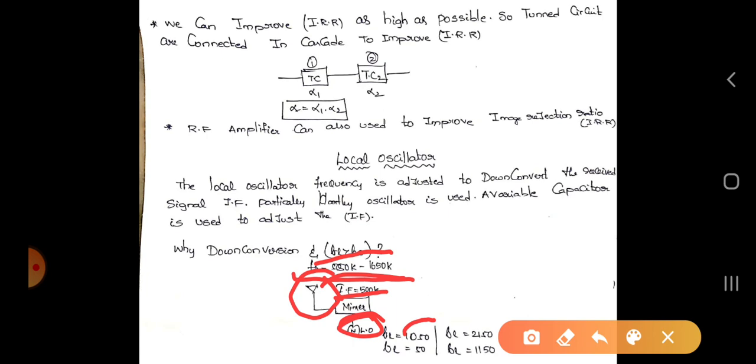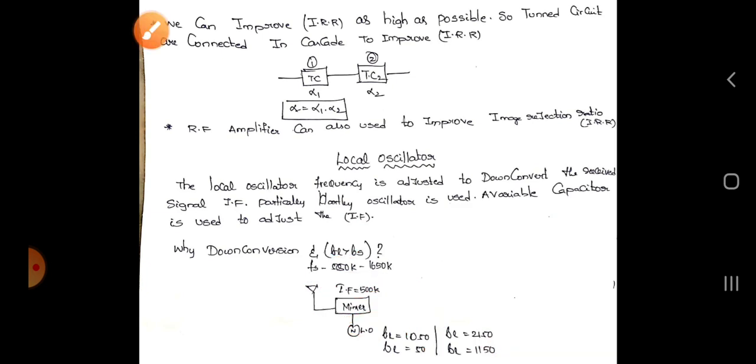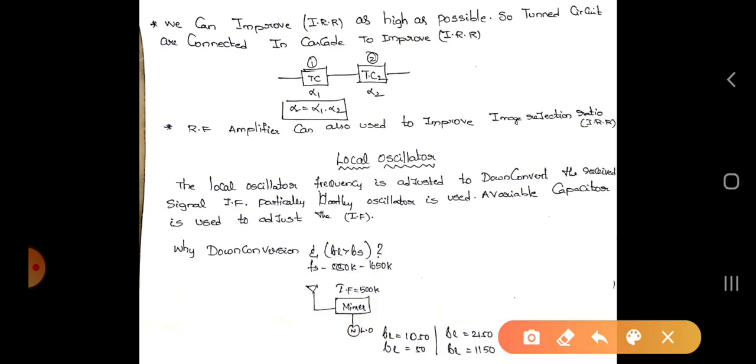For the 550 kilohertz signal, we are using these local oscillator frequencies, and for the 1650 kilohertz signal, we are using 2150 kilohertz and 1150 kilohertz. Everything is in kilohertz. Now we'll explain how it will work.